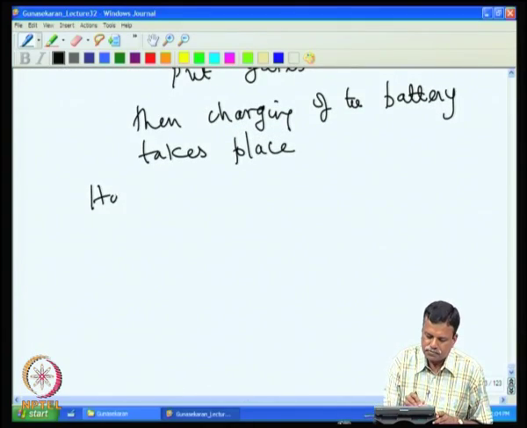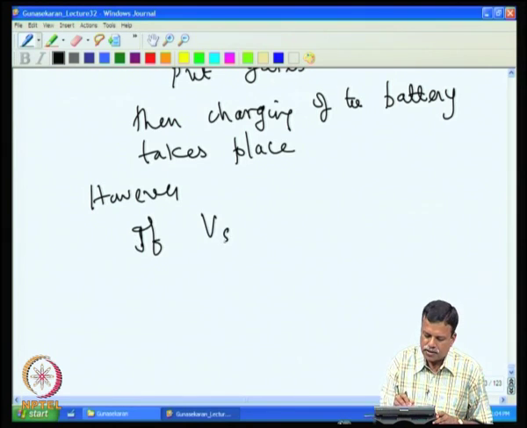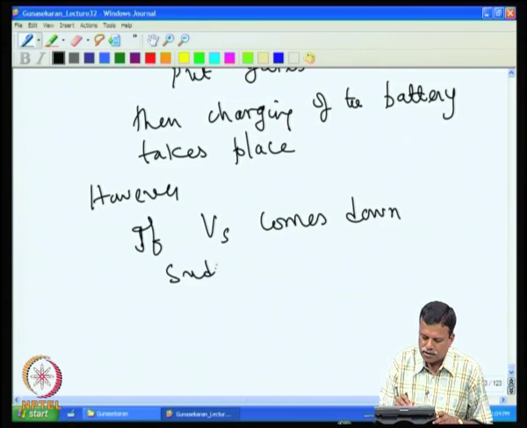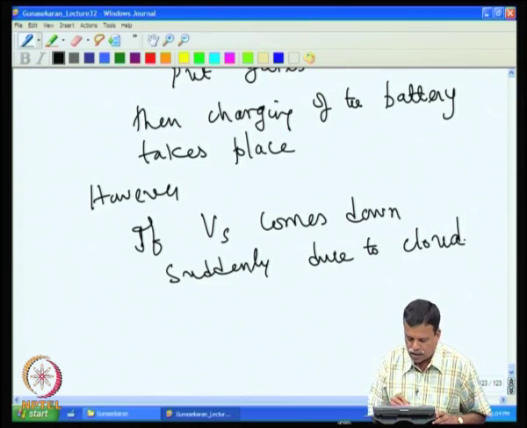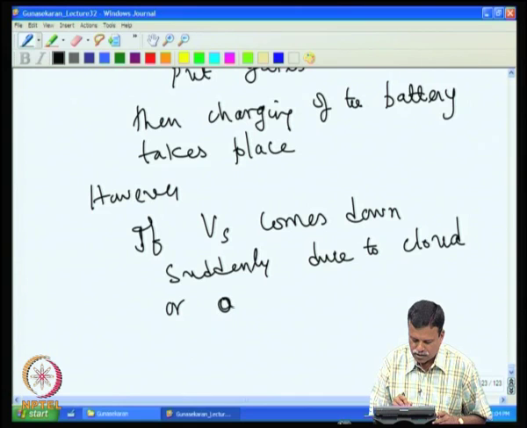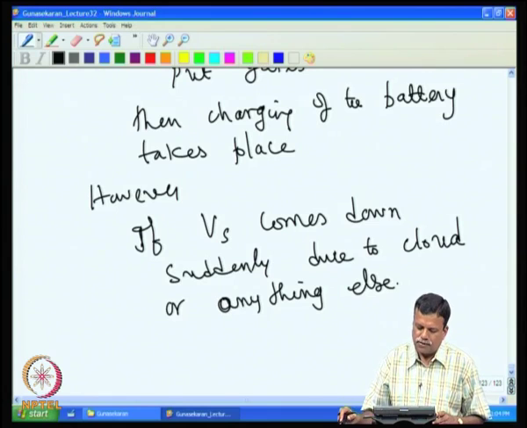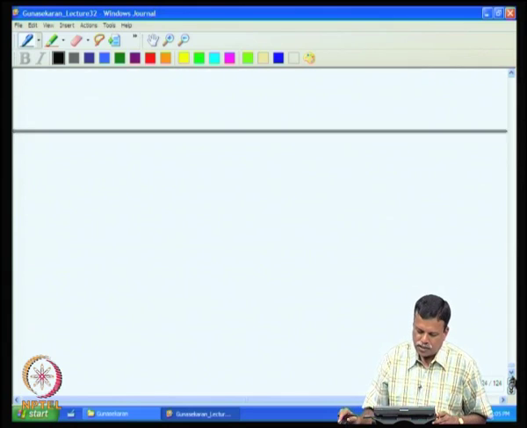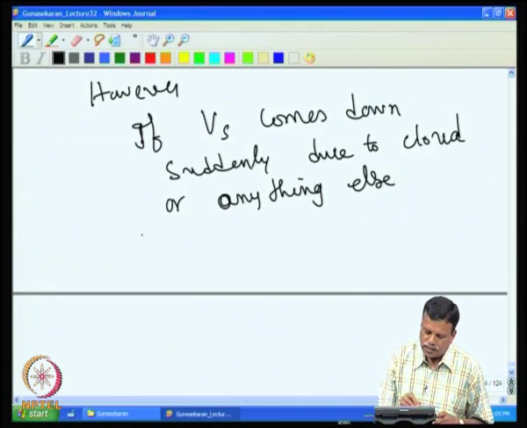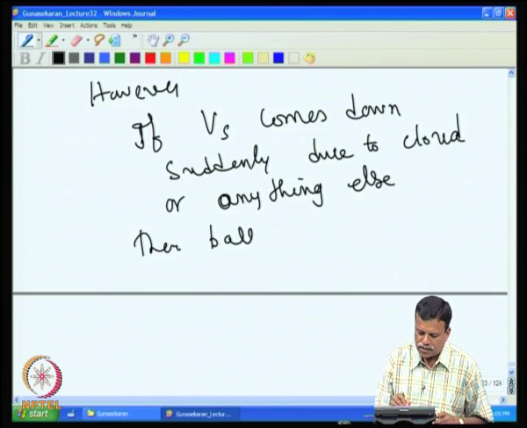However, if Vs comes down suddenly due to a cloud or anything else, then the battery will discharge to the panel.